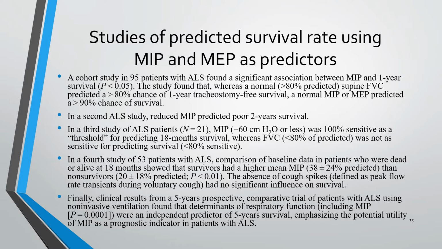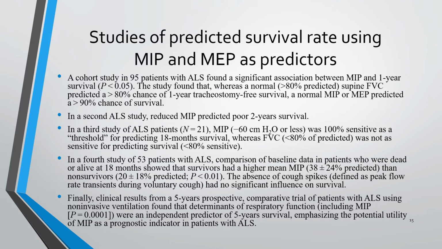In the second study, they looked at reduced MIPs predicting a poor 2-year survivability rate. So again, MIP is utilized in determining how long these patients will survive, especially with the ALS patients. And then finally, the third study, where patients had an MIP of less than 60 centimeters of water.